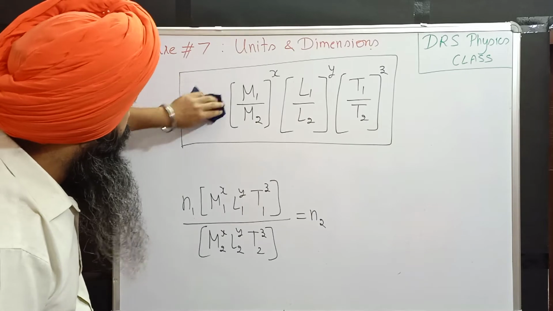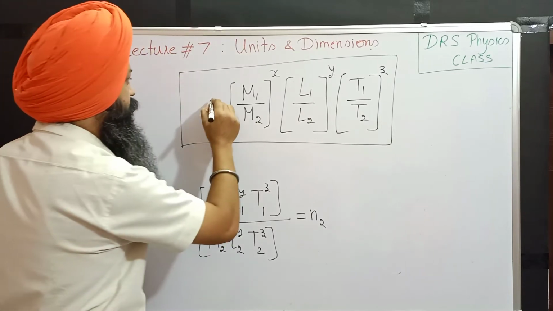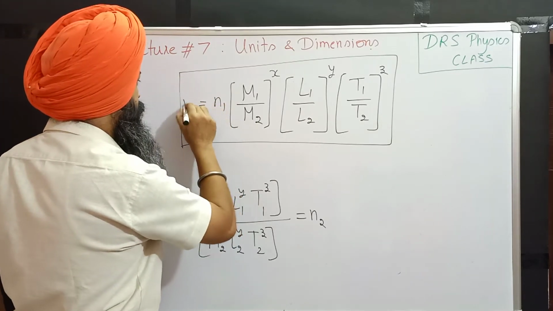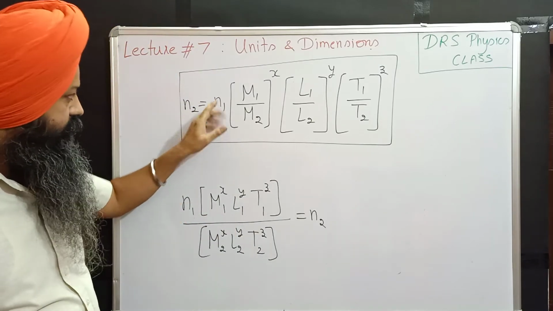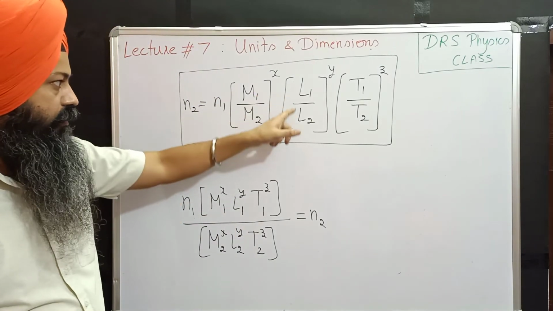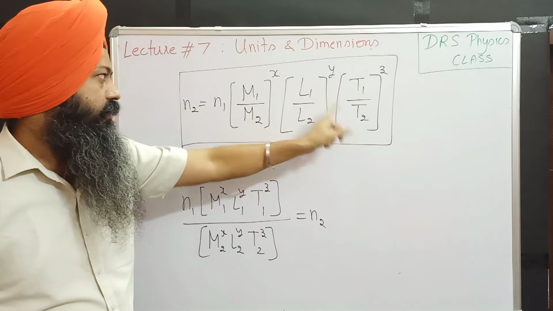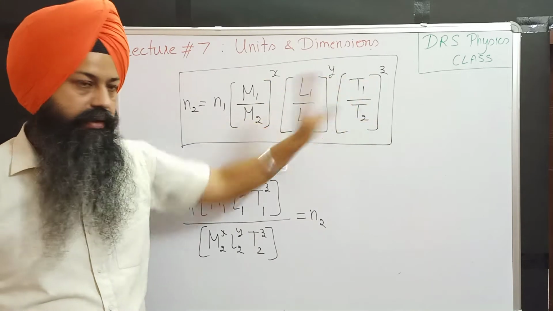We have missed this N1 here, so N1 is put here. So N2 is equal to N1, M1 upon M2 to the power X, L1 upon L2 to the power Y, T1 upon T2 to the power Z.